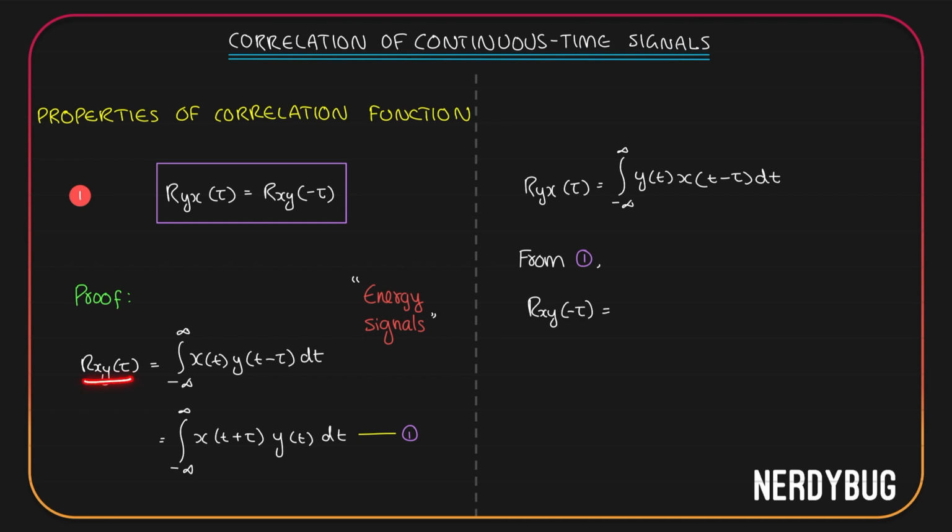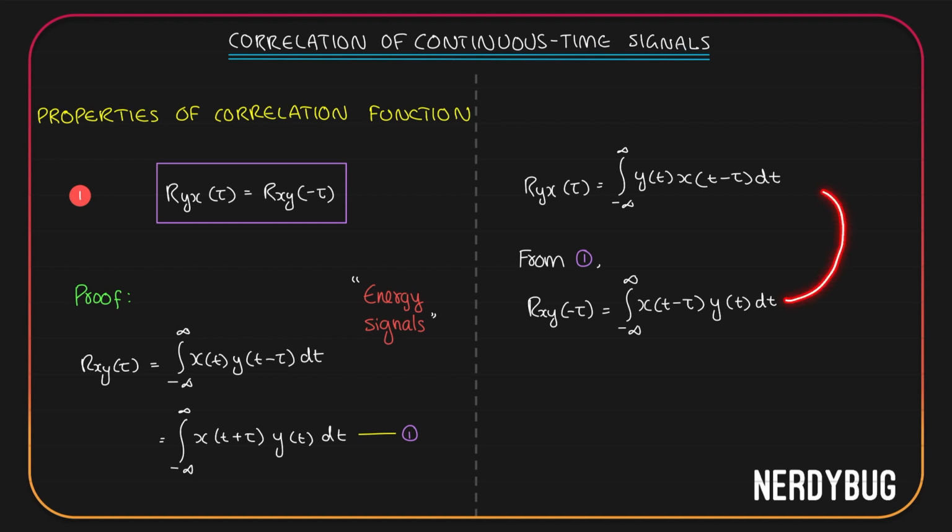When we took r xy of tau, we got x of t plus tau. If we take r xy of minus tau, here we will get x of t minus tau. So this will be integral from minus infinity to infinity x of t minus tau y of t dt.